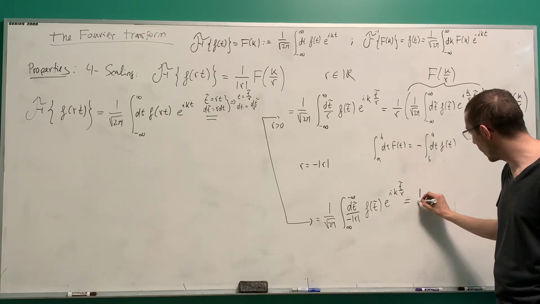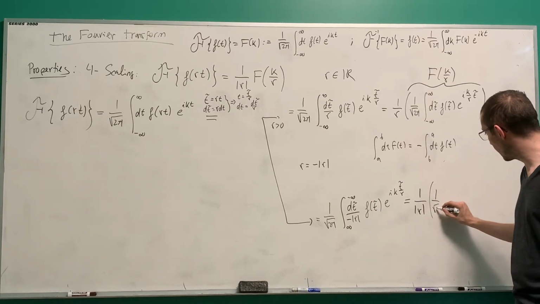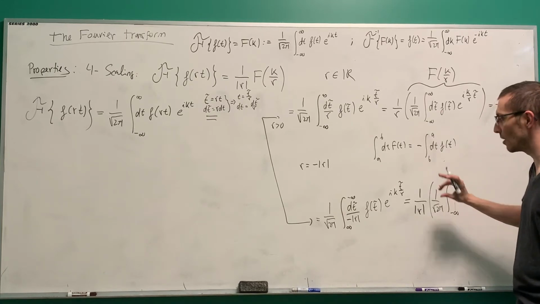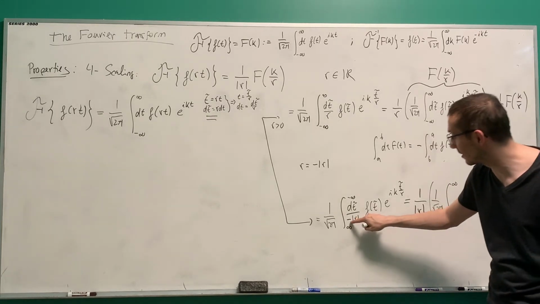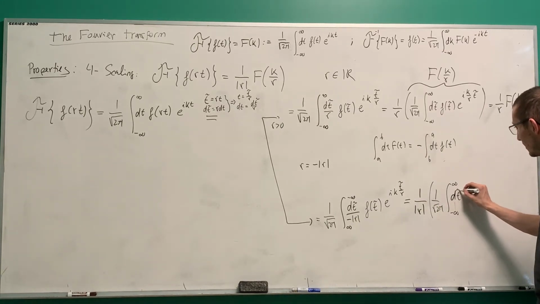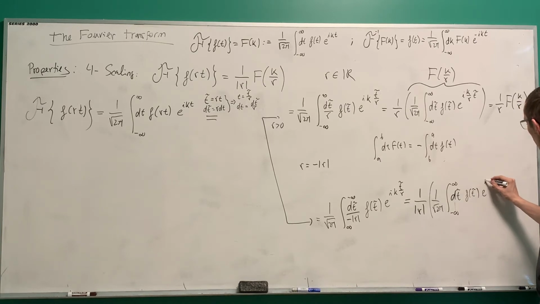So I get 1 over modulus of r, and then that multiplies 1 over root 2 pi. Now with the right limits, minus infinity to infinity, swapping the limits gave me a minus sign that cancels with this other minus sign. So dt tilde f of t tilde e to the i k divided by r t tilde.